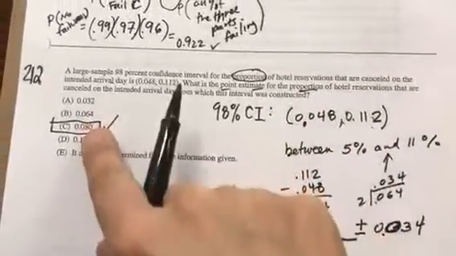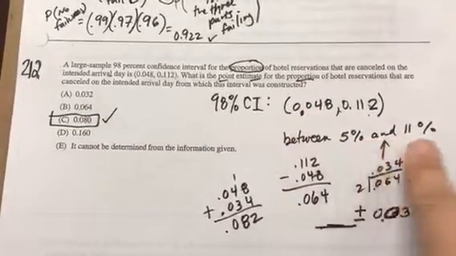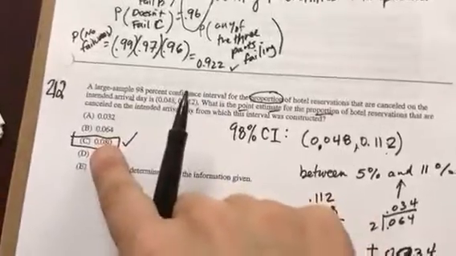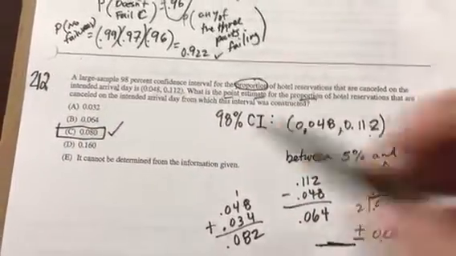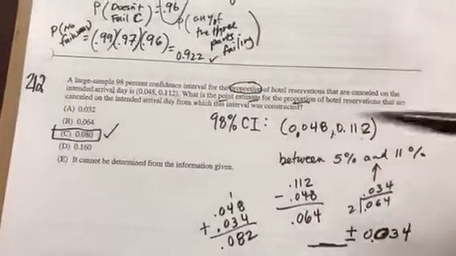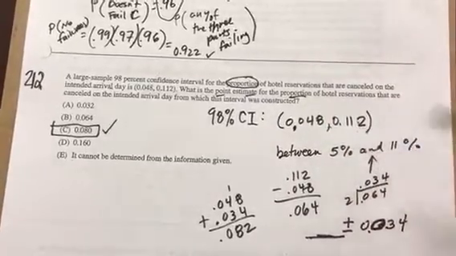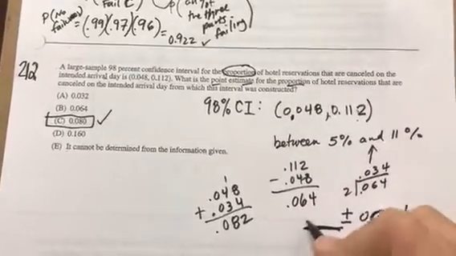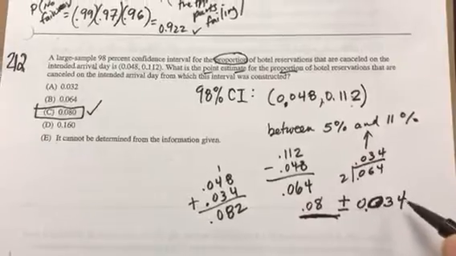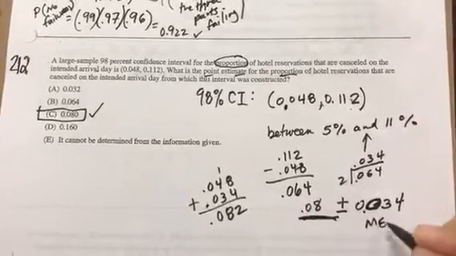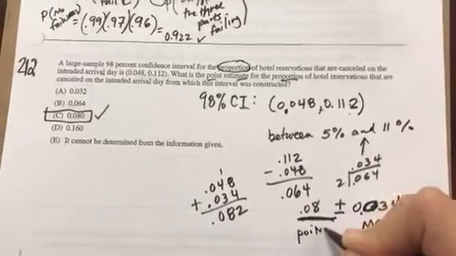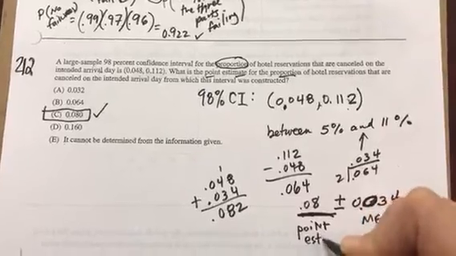And again, notice the only one that made sense halfway between 5% and 11% was this one to begin with. The other ones don't make sense. And that's what a point statistic is. It's actually this number right here. And this is the margin of error, and this is called my point statistic, or my point estimate.